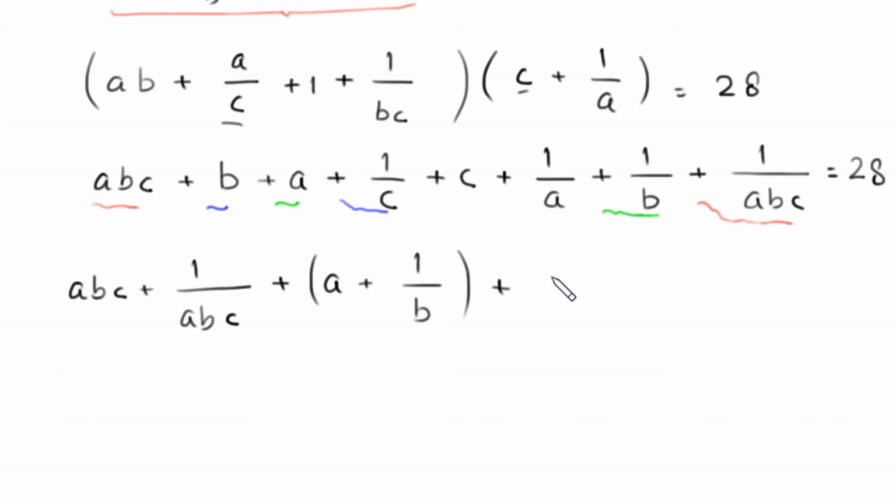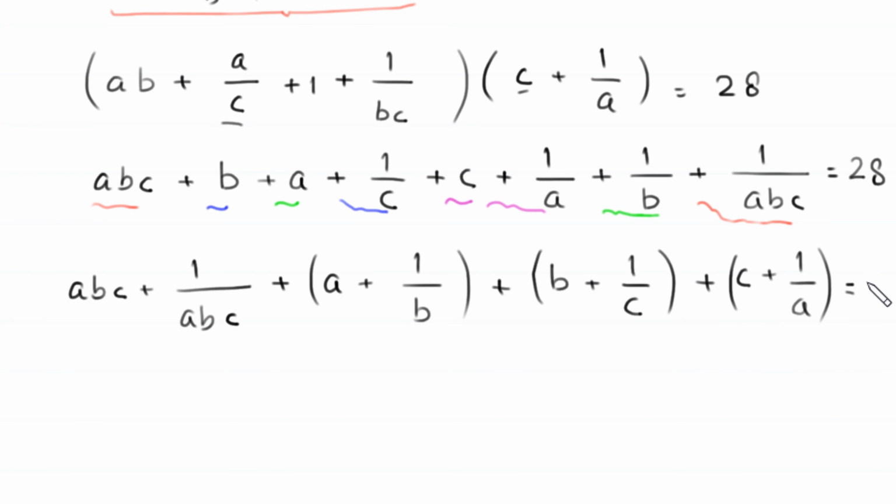So this will become b plus 1 over c. We use parentheses to make this another group, plus we combine these two terms c and plus 1 over a. So this will become c plus 1 over a. We use parentheses, equal to 28.